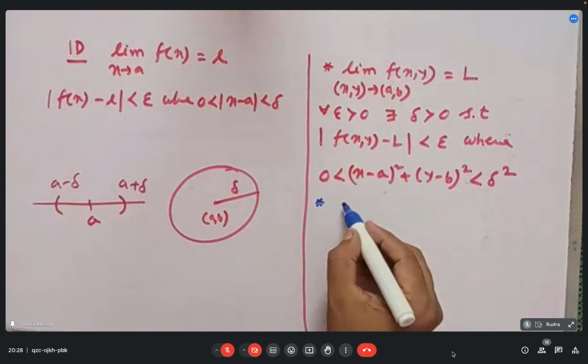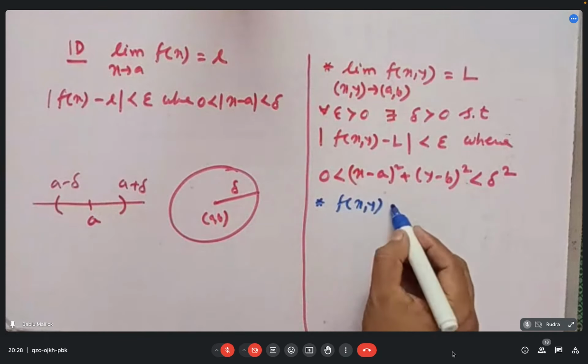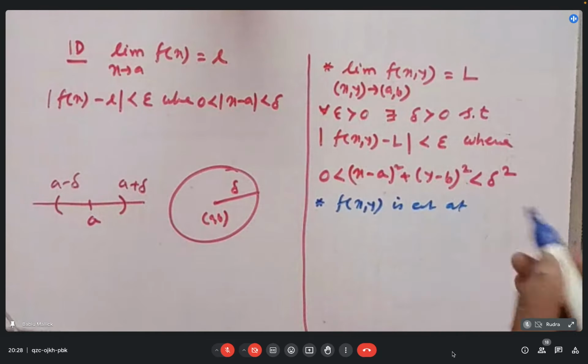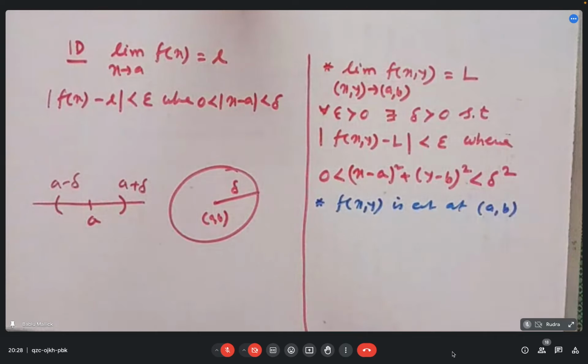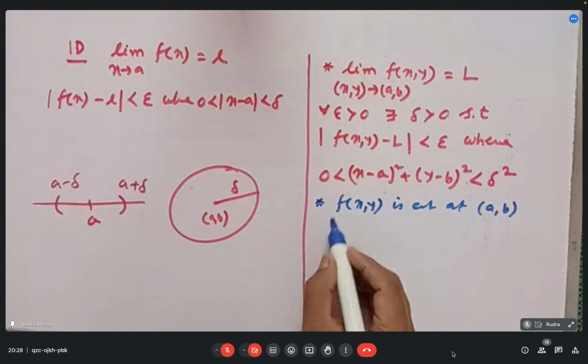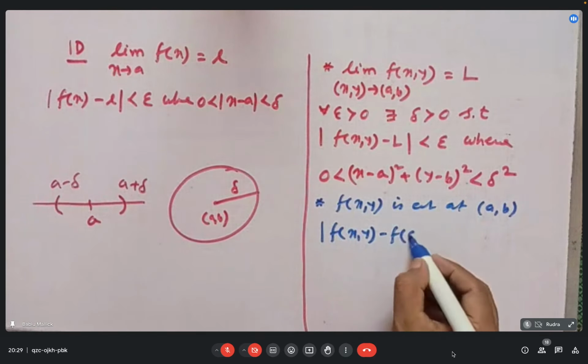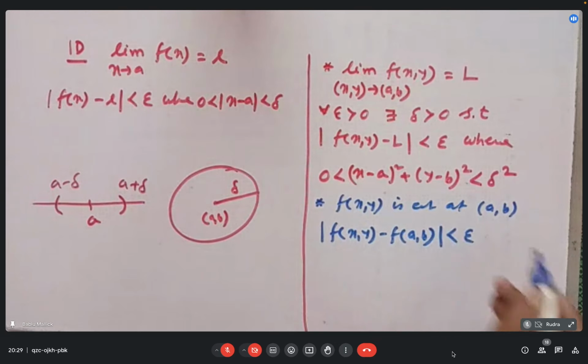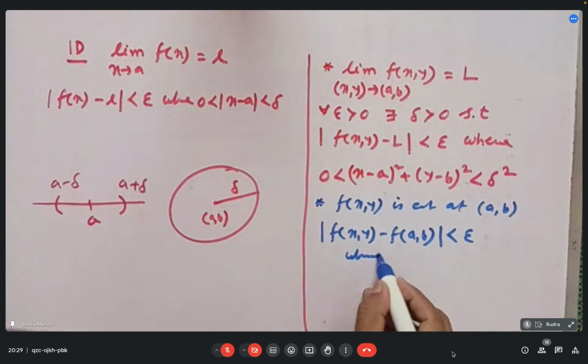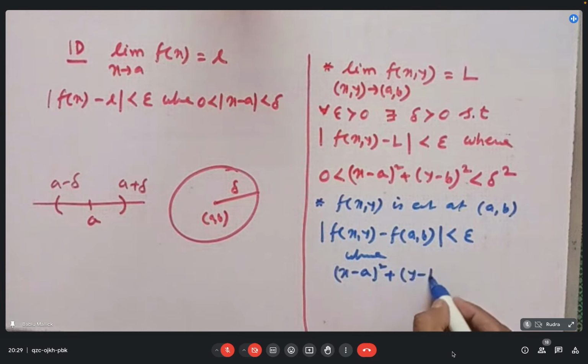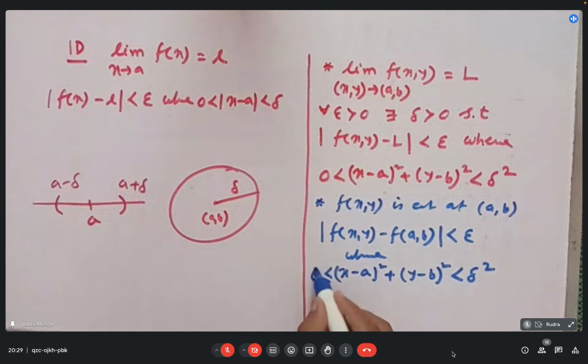Continuity: a function f(x, y) is continuous at (a, b) if mod of f(x, y) minus f of (a, b) will be less than epsilon whenever (x minus a) whole square plus (y minus b) whole square is less than delta square, greater than or equal to 0.